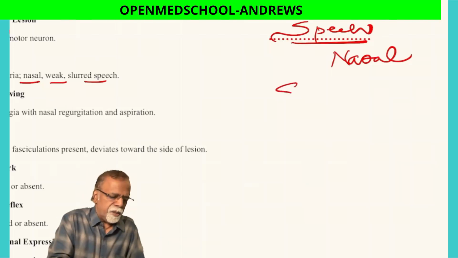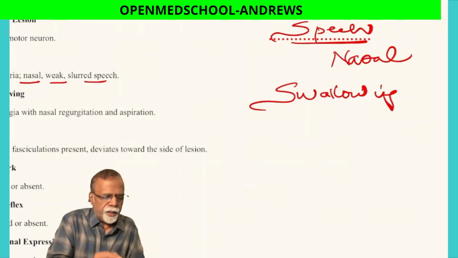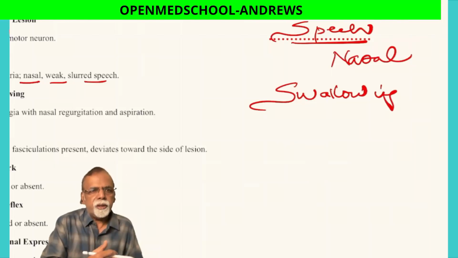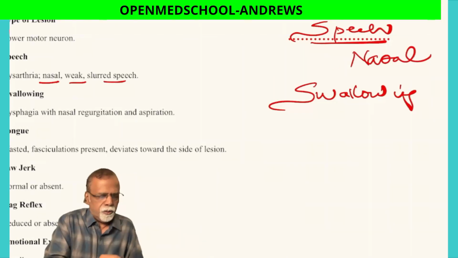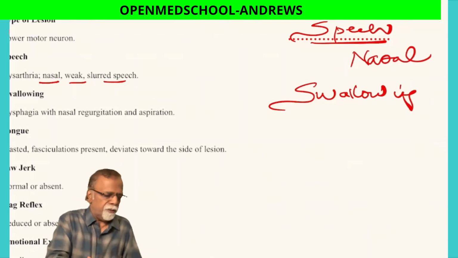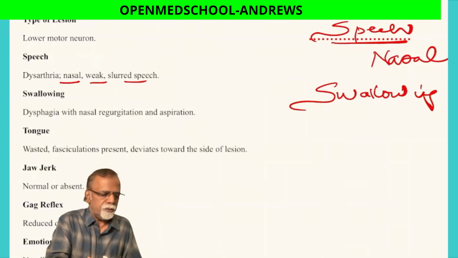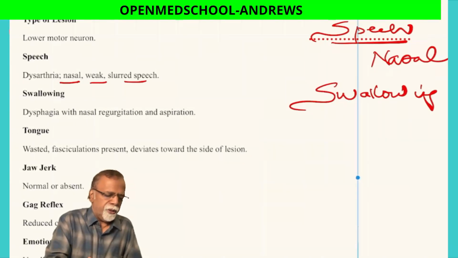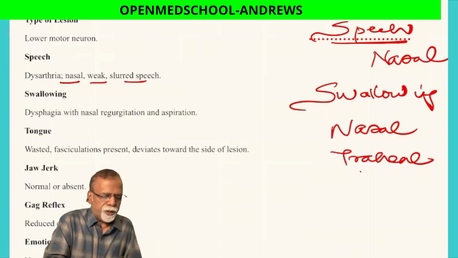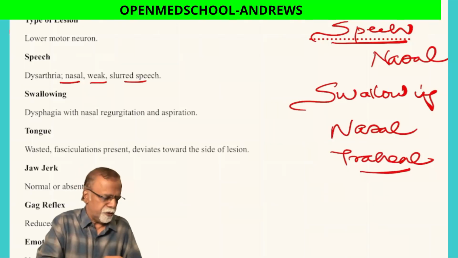Then the next important function is swallowing. During swallowing, the palate has to shut the nasopharynx from the oropharynx. So as it is dysfunctional, what will happen? There will be nasal regurgitation and tracheal aspiration. So the patient will start coughing while taking food.